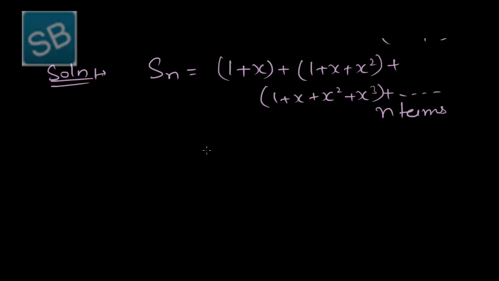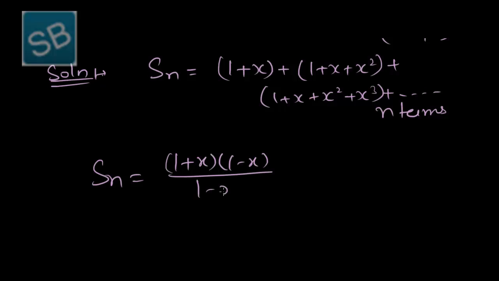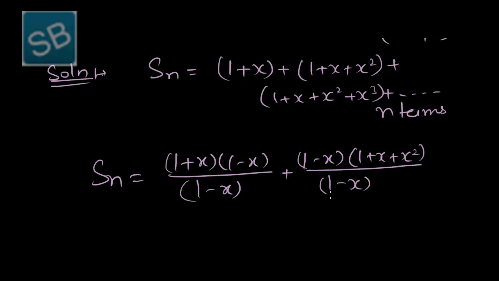Multiplying and dividing by 1 minus x, we will get Sn is equal to (1 plus x) into (1 minus x) over 1 minus x plus (1 minus x) into (1 plus x square) over 1 minus x plus so on up to n terms.